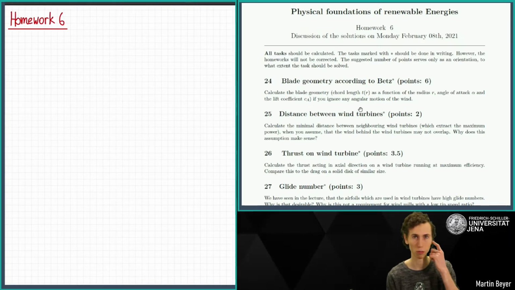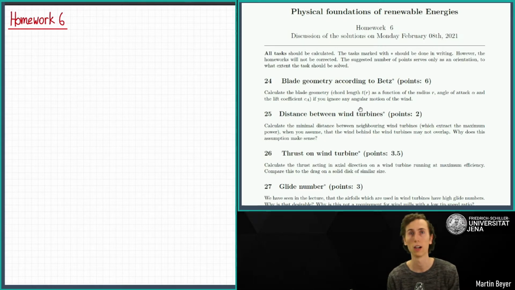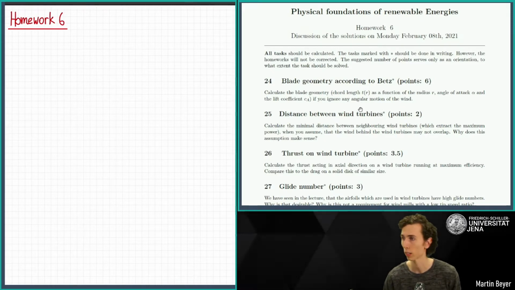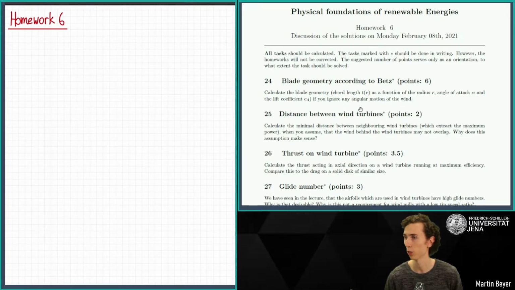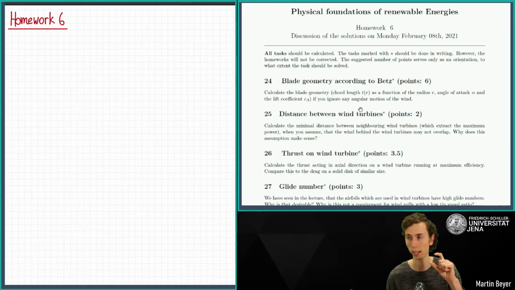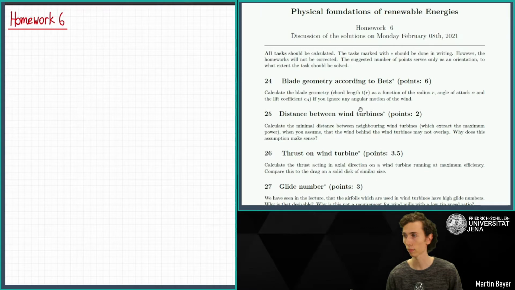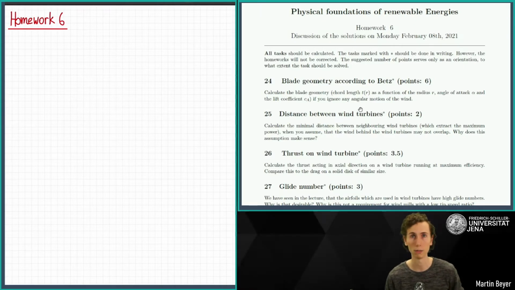And we are starting with the first task here, where we want to compute the blade geometry according to Betz. So our task is that we want to calculate the chord length, T of R, as a function of the radius, using the inflow angle.